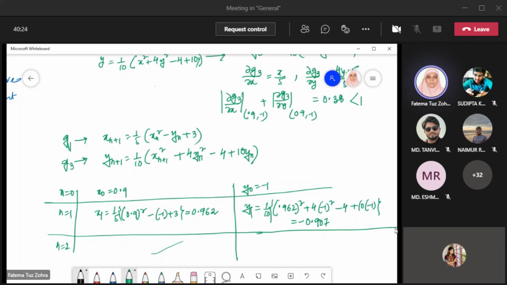So obviously I need to go for the second iteration as the values are so different from each other. So go for x2, then go for y2.